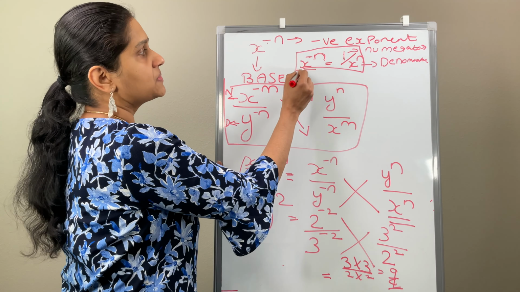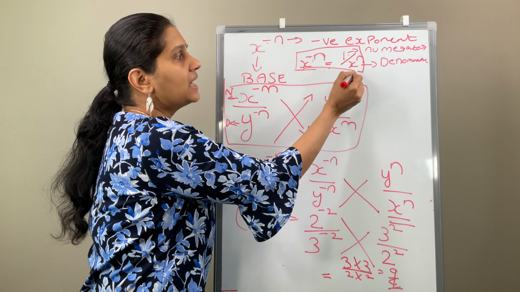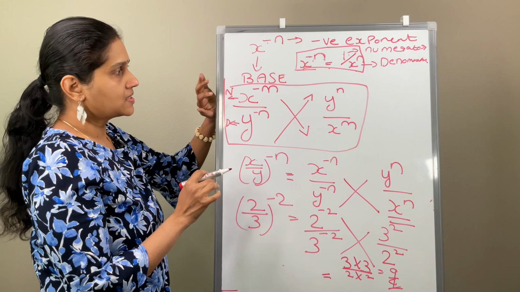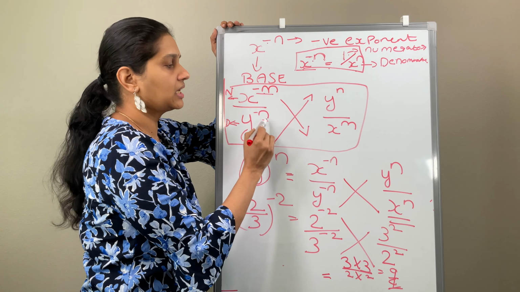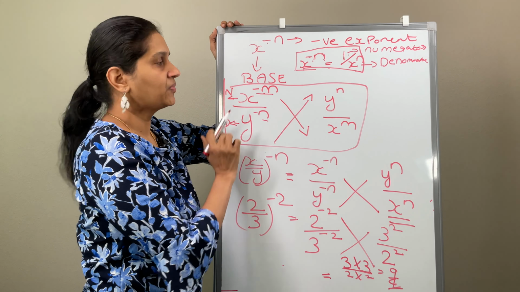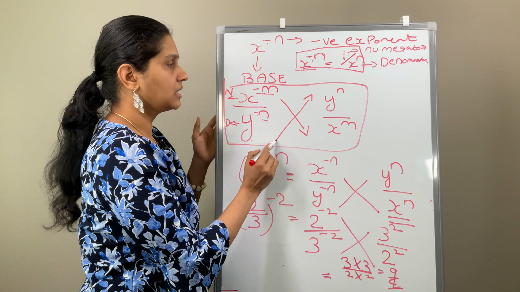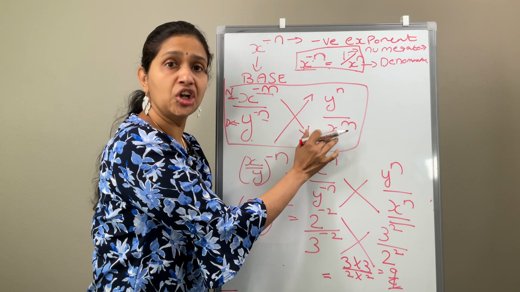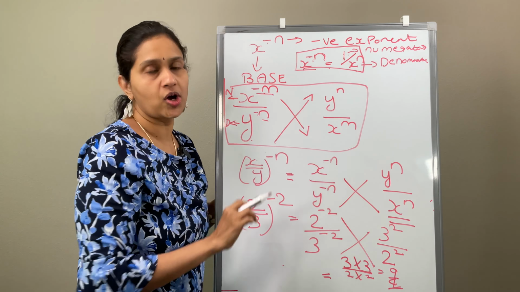The first concept is x to the power of minus n is equal to 1 by x to the power of n. Second concept is when you have negative exponent in both numerator as well as denominator. That is x to the power minus n by y to the power minus n. In that case, you just need to interchange the numerator and the denominator, and you have to change this negative sign to positive sign.